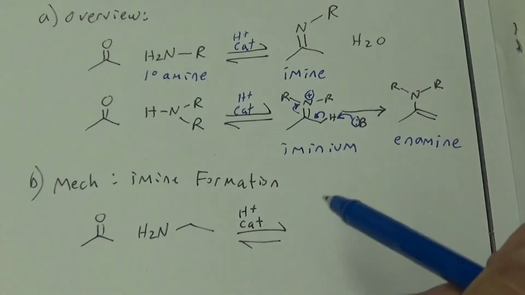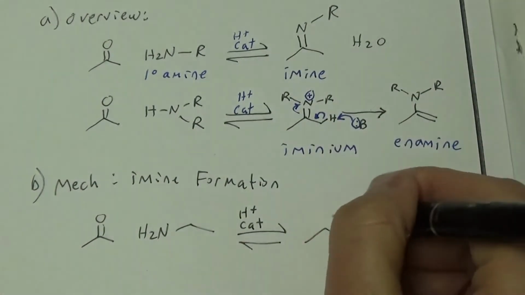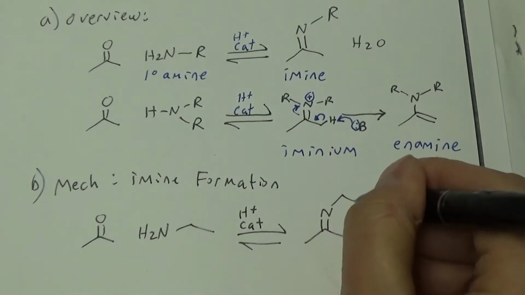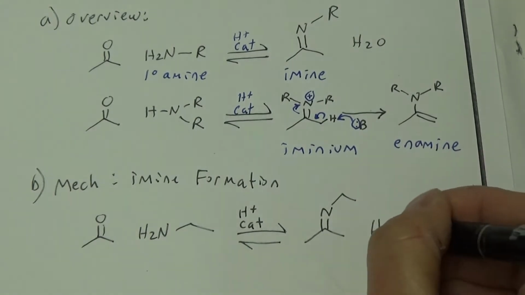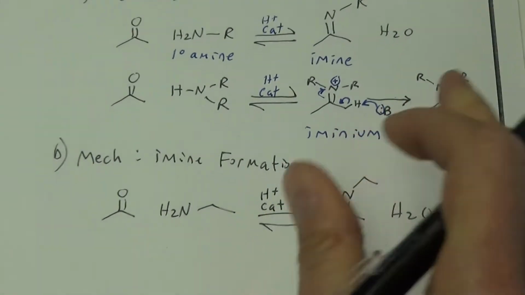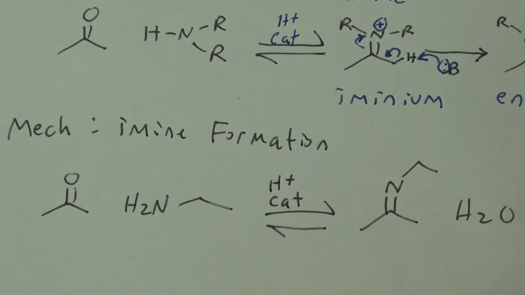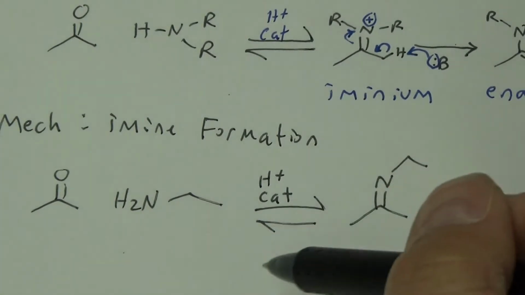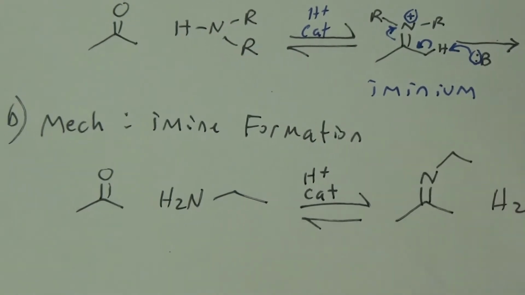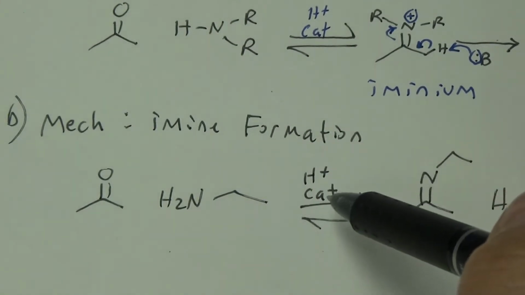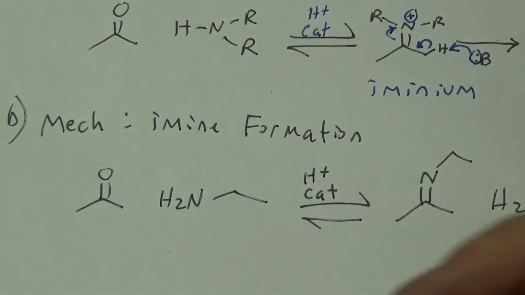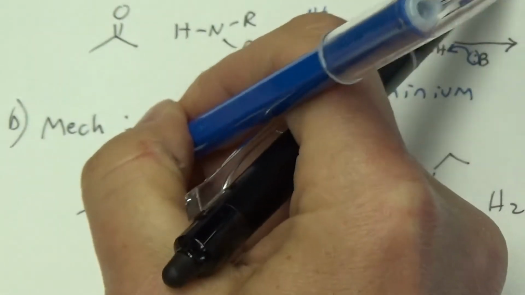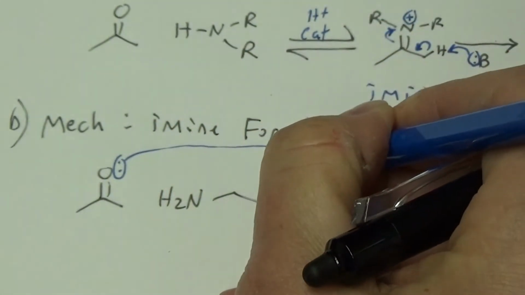Okay, so the product is this. What do you think the mechanism is? Think back. How did we start the mechanism of the acetal formation? Because this is very similar to the acetal formation. When you have acid catalyst present, you have a C double bond O. Start by protonating the C double bond O.